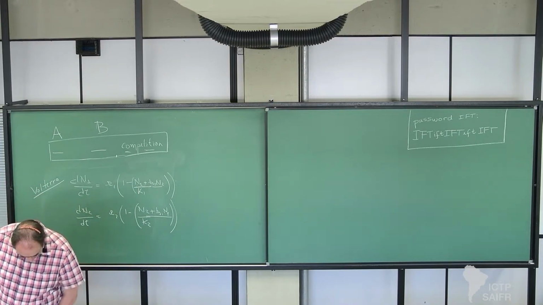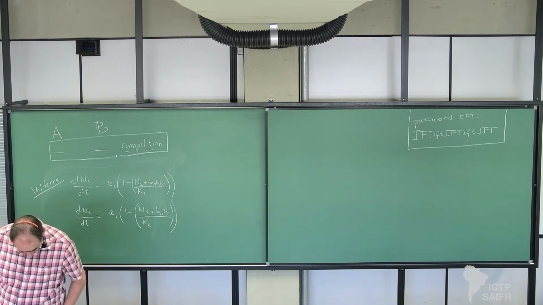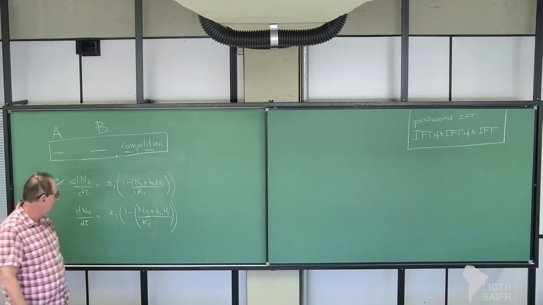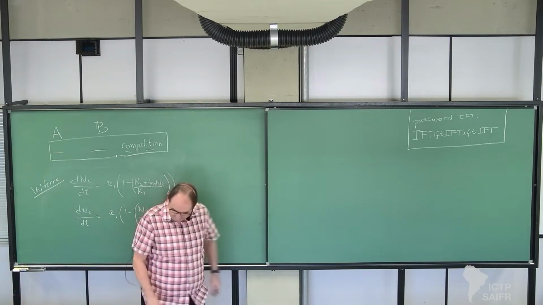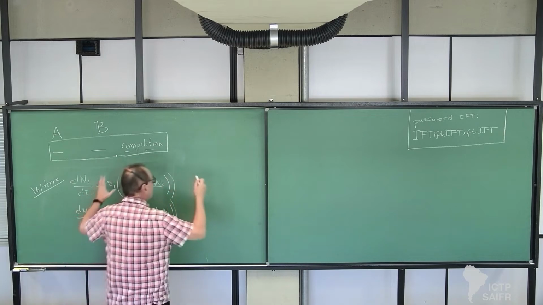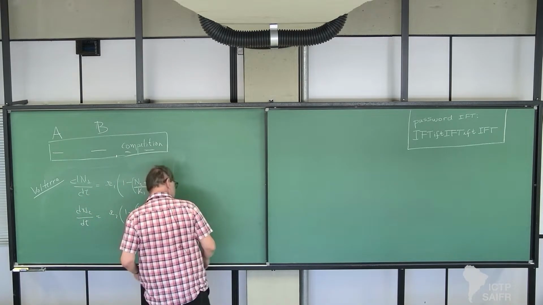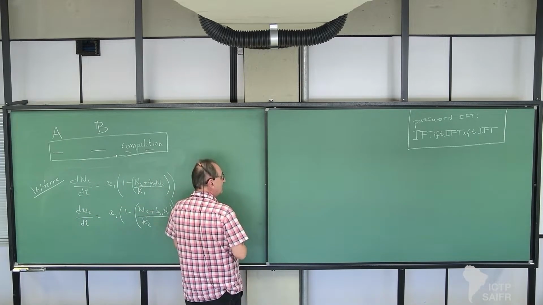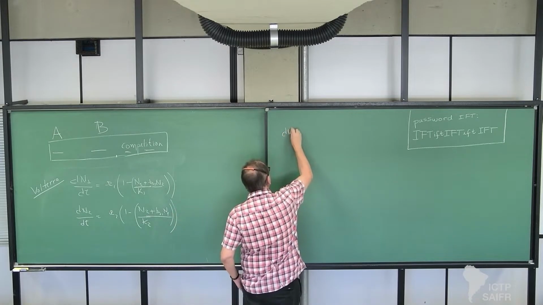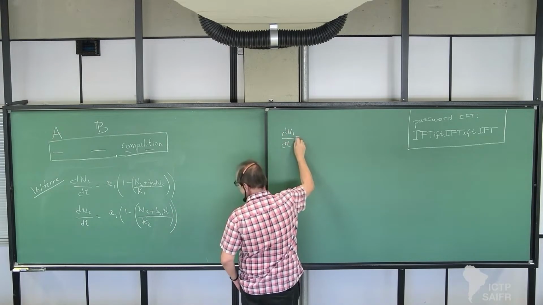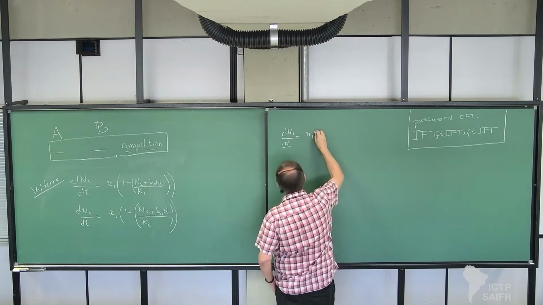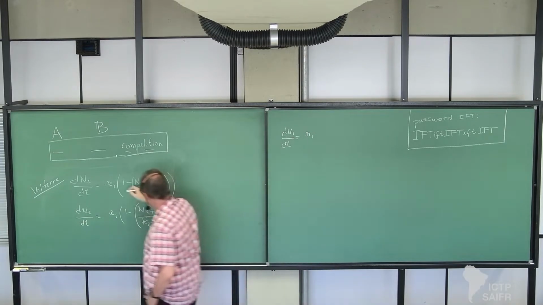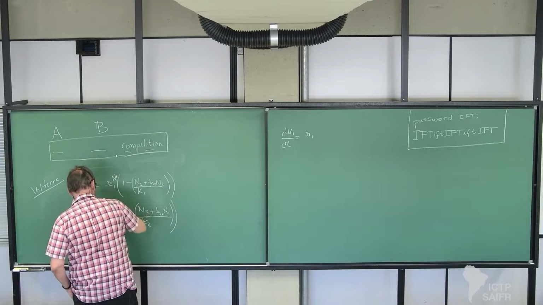Now, I will write again this equation. Let me write them large here. Let me write them in a convenient way. Oh, sorry, I forgot the N1 and N2 here, obviously.